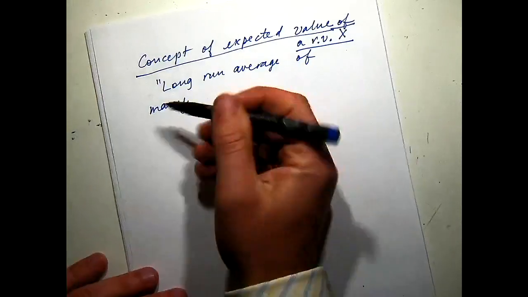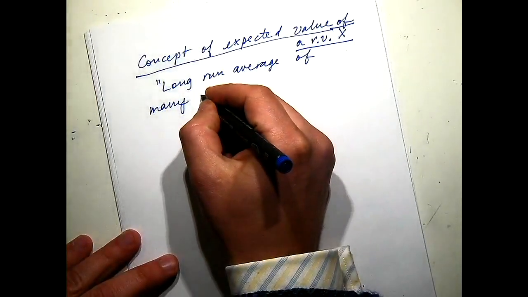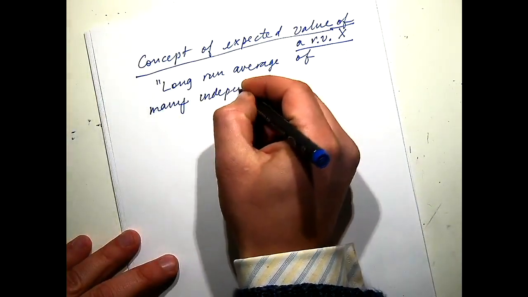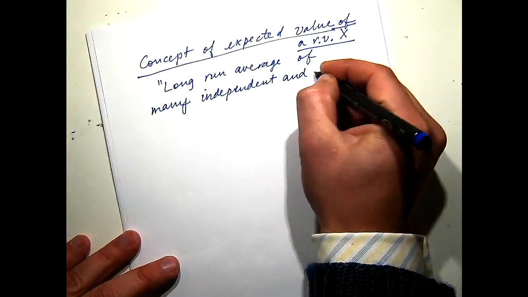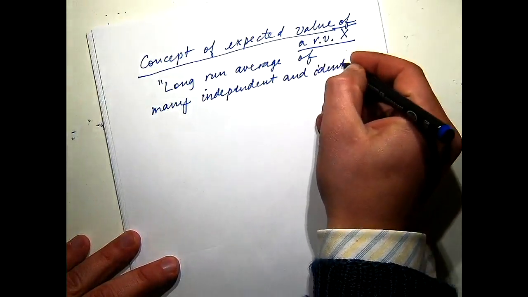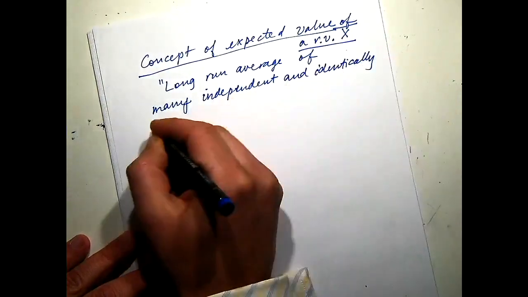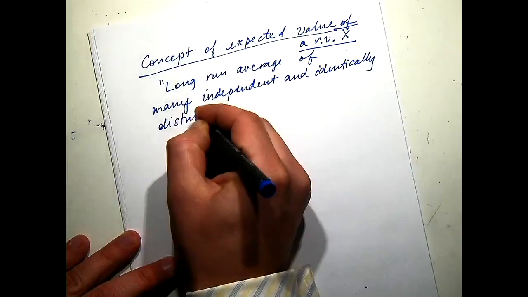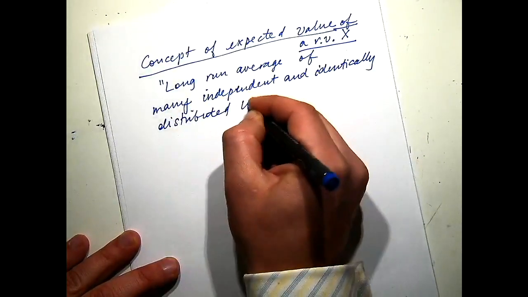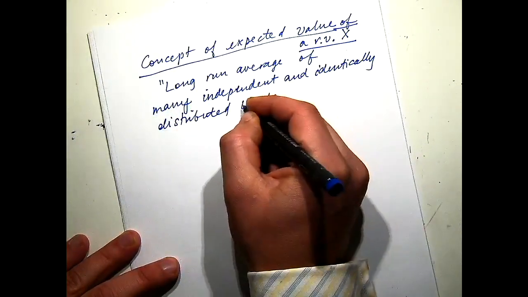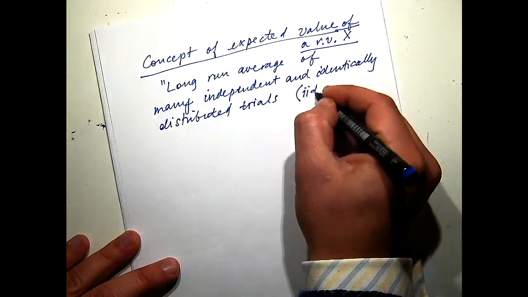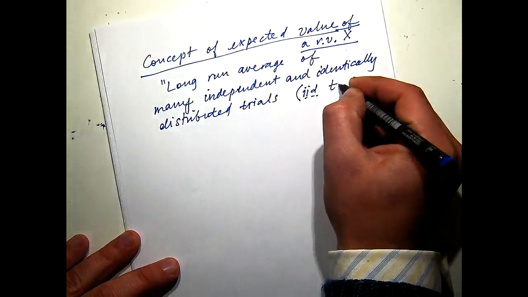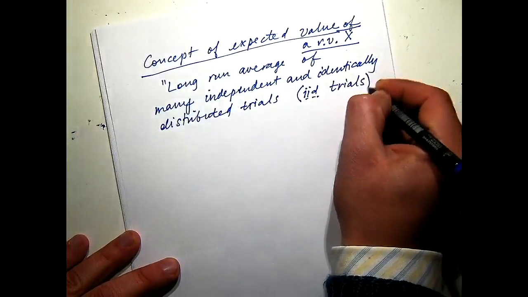The long-run average of many independent and, now this phrase will come up many times, identically distributed trials. So much so that we have an abbreviation. Those are called IID. The standard abbreviation for independent identically distributed is IID.